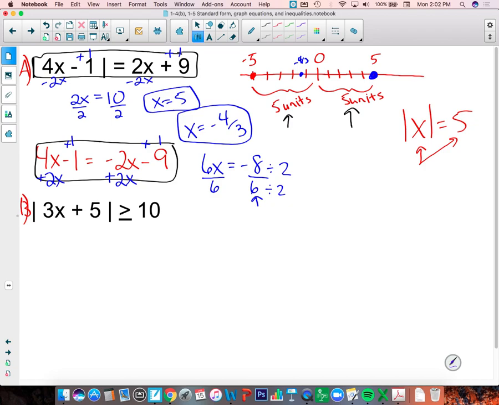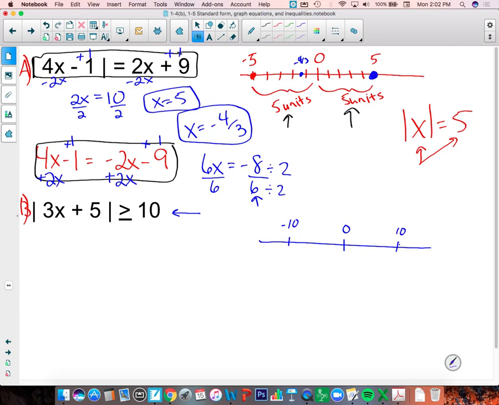So now with inequalities, so this one here, if we think of our number line, all right, so we'll just use the greater than or equal to 10 that's on there. So I'll say I got 10 there, and I have a negative 10 because we're doing absolute values, so we can have right of 0 or left of 0. How do I graph greater than or equal to 10?